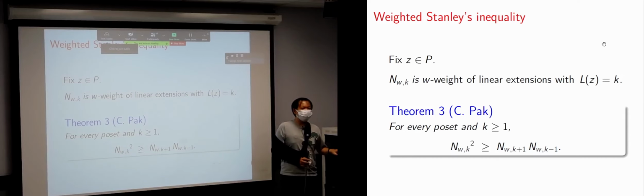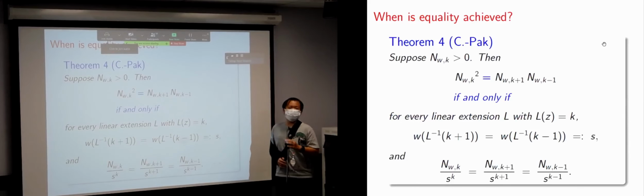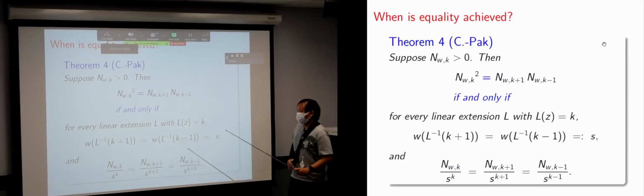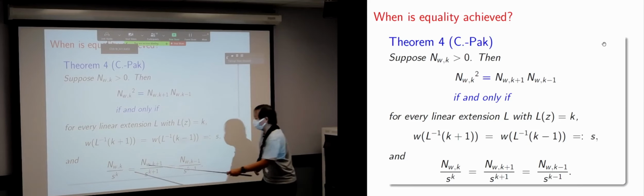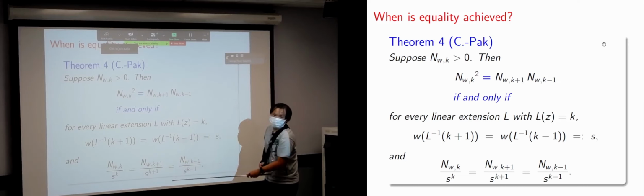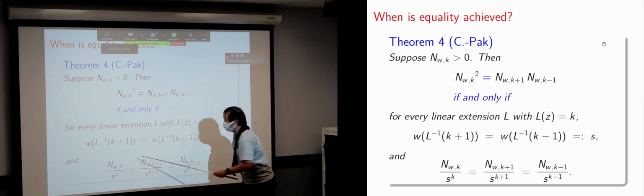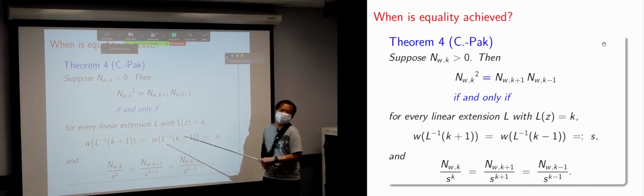And just like with the case of the standard inequality, we can also characterize the equality case. But in this case, the only change is that rather than dividing by 1, we need to rescale everything by s, where s is given to you by your weight function.